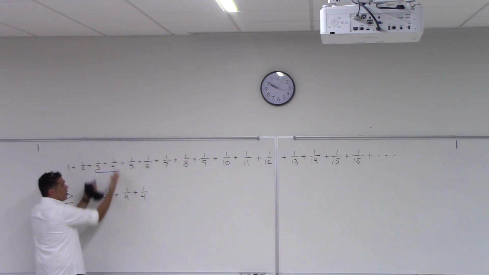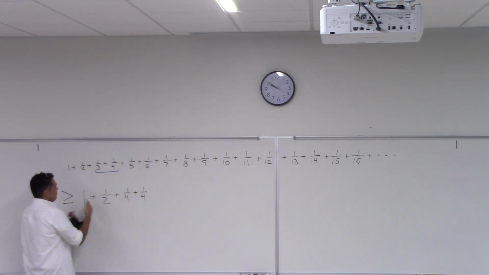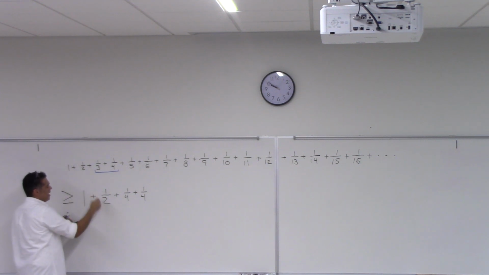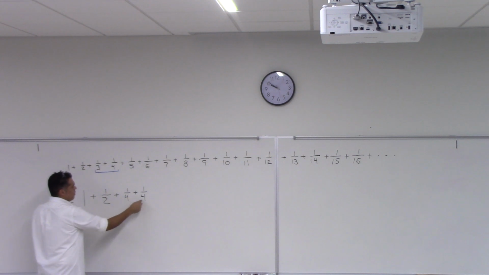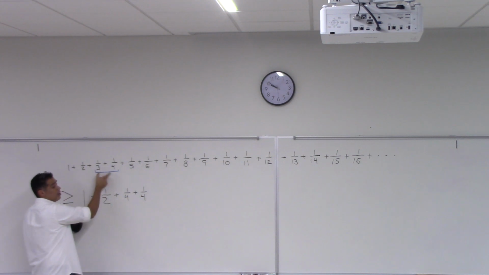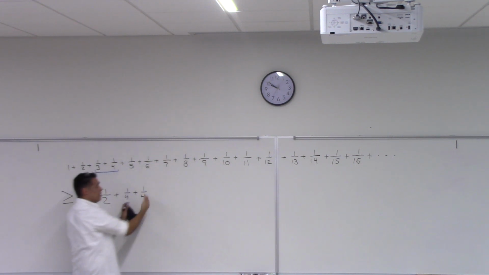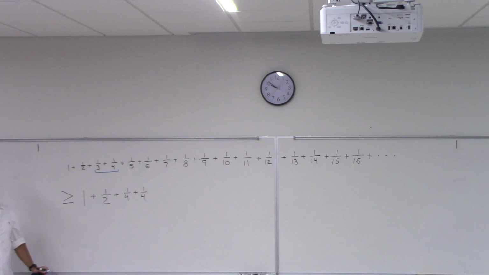Or is this smaller than this? Yes? Because 1 is 1, and a half is a half. But 1/4 and 1/4 should be smaller than 1/3 and 1/4, shouldn't it? And then you have all that other stuff over there too. So that's definitely bigger than this, yes?